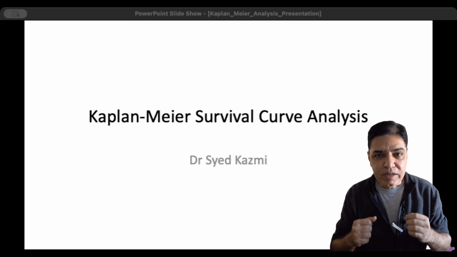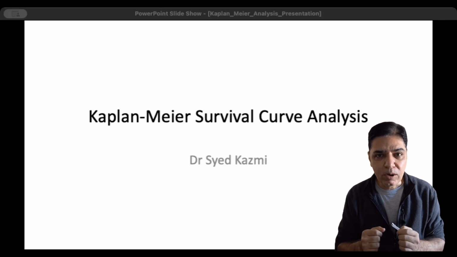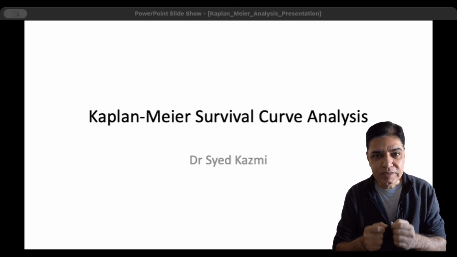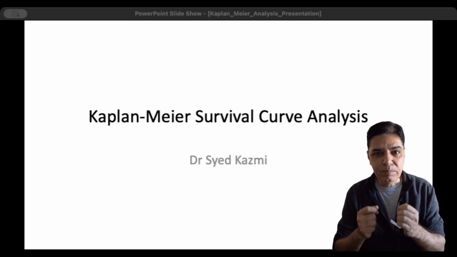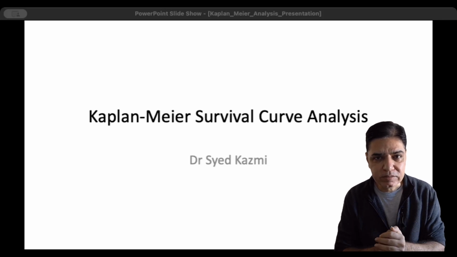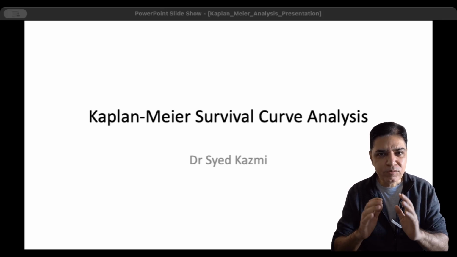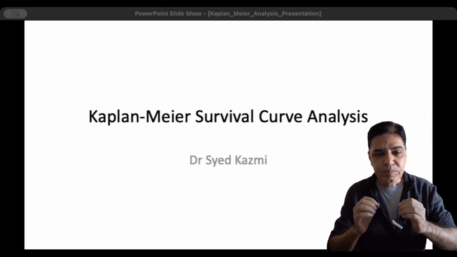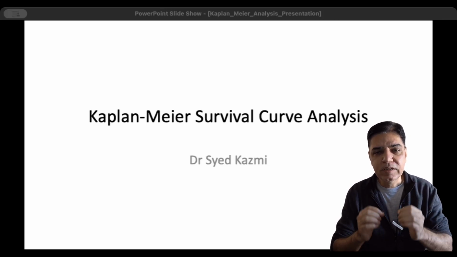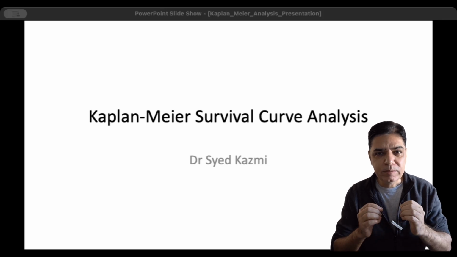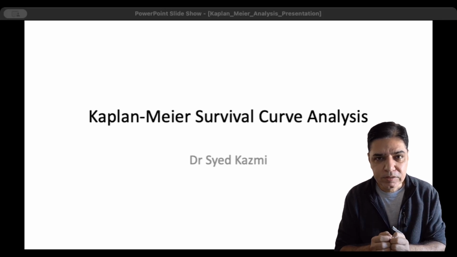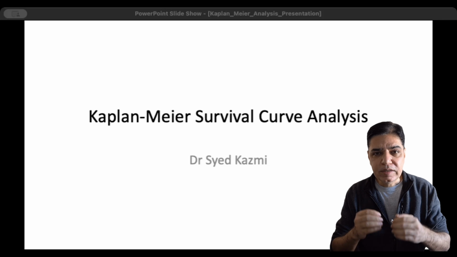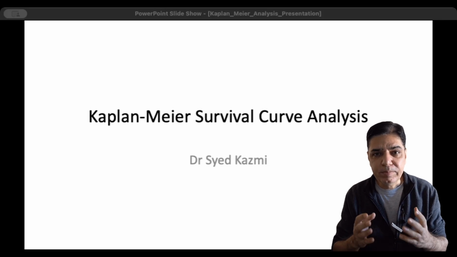Now, in today's video, we are going to talk about what these two scientists discovered, the Kaplan Meier Survival Analysis. Now, please don't get freaked out by this word. This is a very common public health statistical tool which is employed in clinical practice to determine the efficacy of various treatment plans.